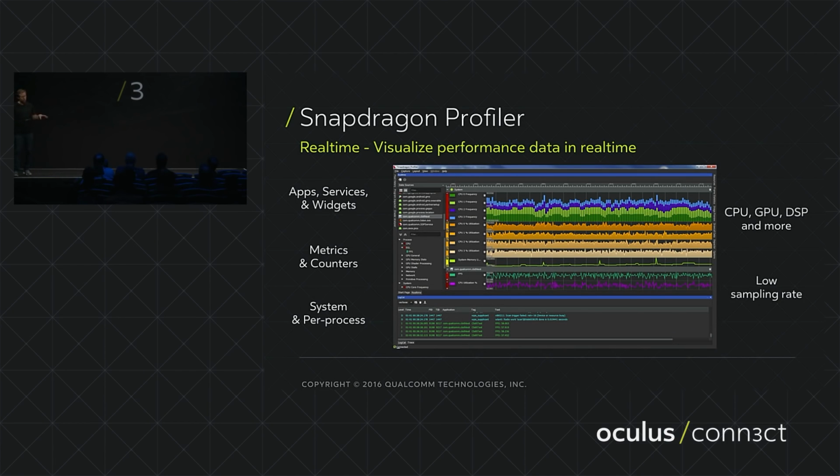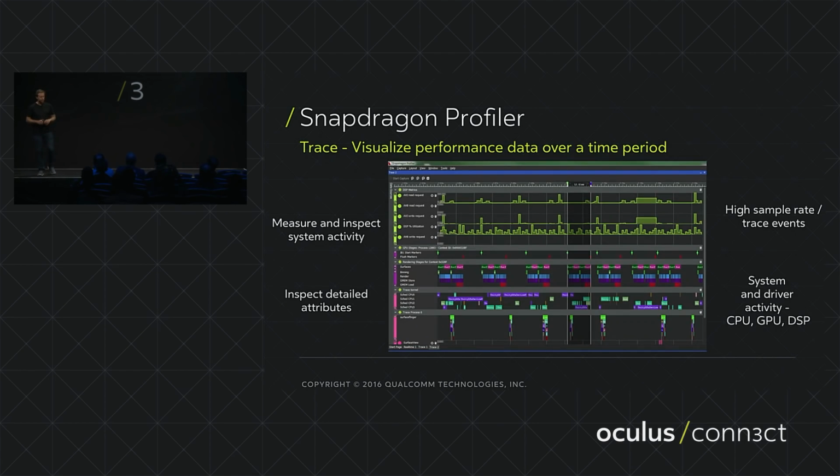So I want to provide a really quick overview of the major modes in Profiler, just so you know what you're looking at later. The first is what we call our real-time view, and this is, as it sounds, looking at real-time data. Pretty low sampling rate, really good for just understanding generally what's happening in the system at a very high level. The next one is our trace, and in this screenshot, we have DSP in the top area, GPU data in the middle, and Android systrace kind of at the bottom.